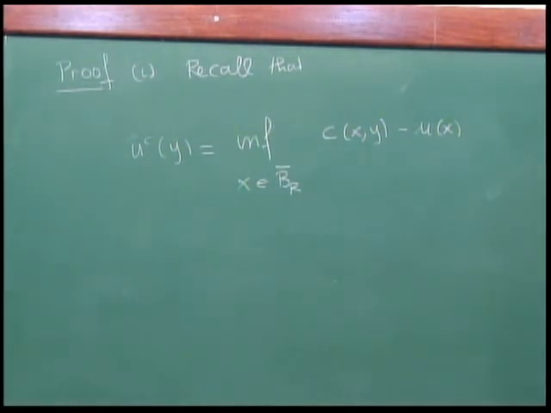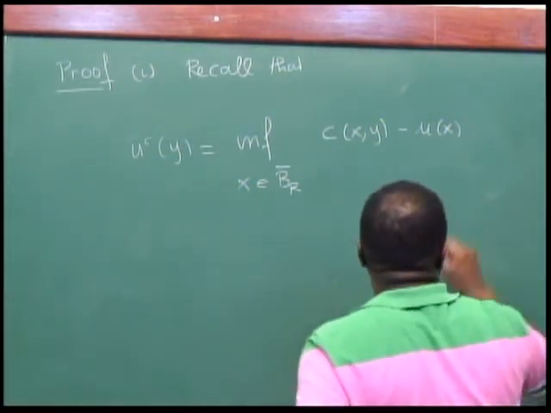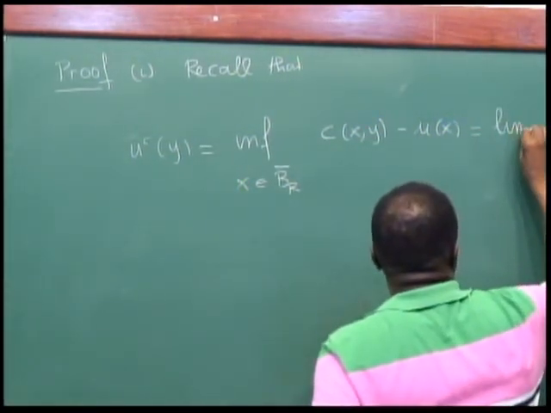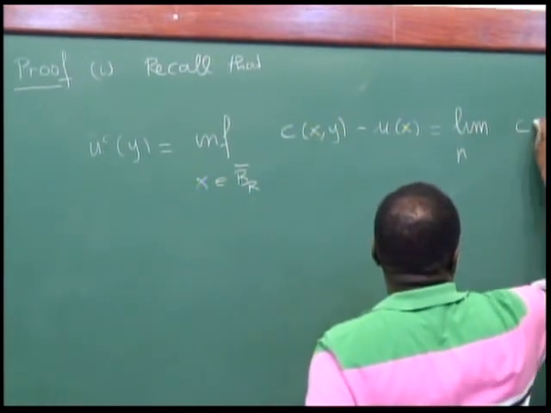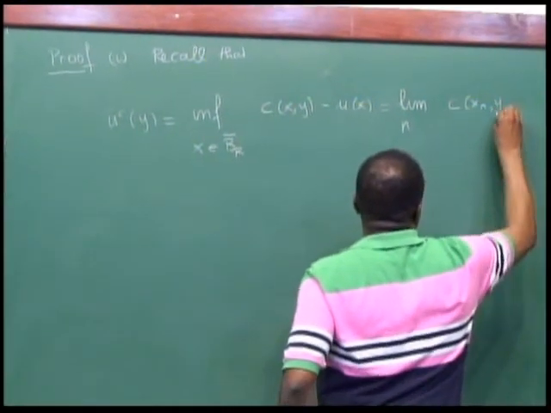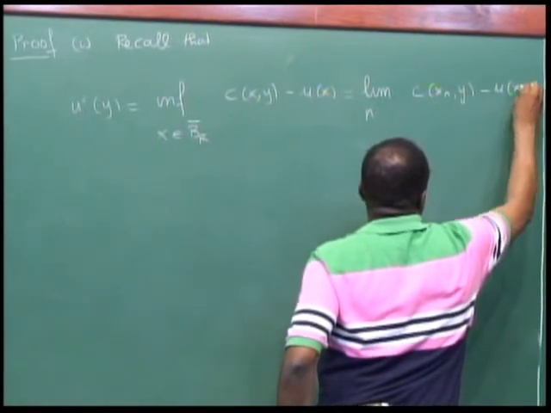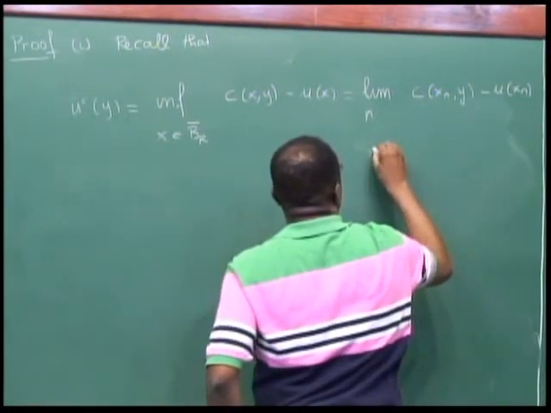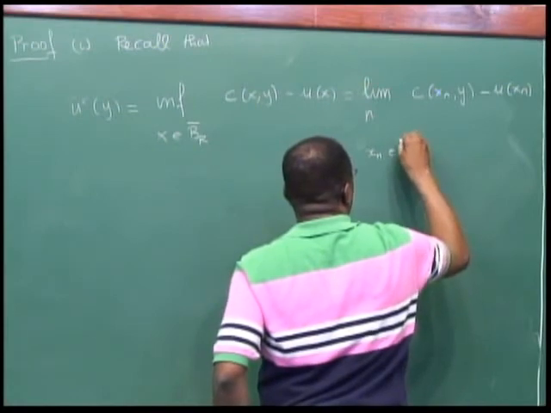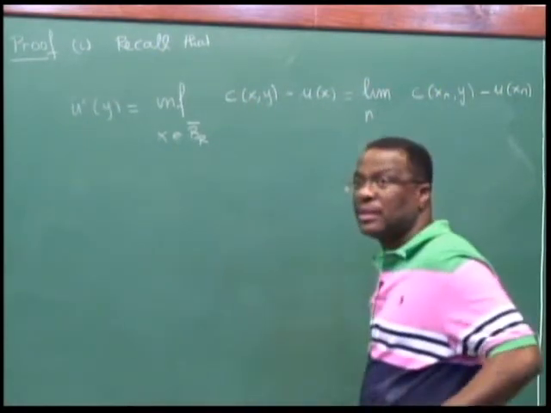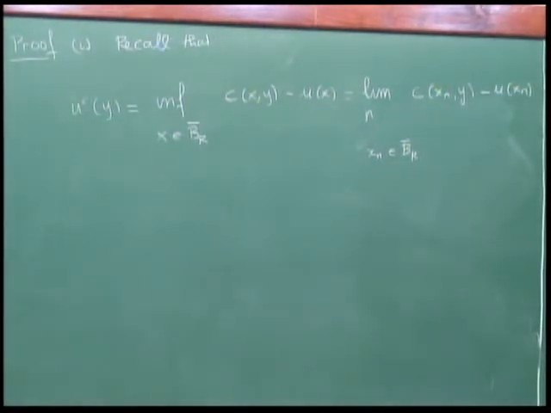Now let me take a minimizing sequence. This is the limit in n of C of x_n, y minus U of x_n, where x_n is in the closed ball of radius r. I have a bounded sequence, therefore I have a precompact sequence. I can extract a subsequence which is convergent.